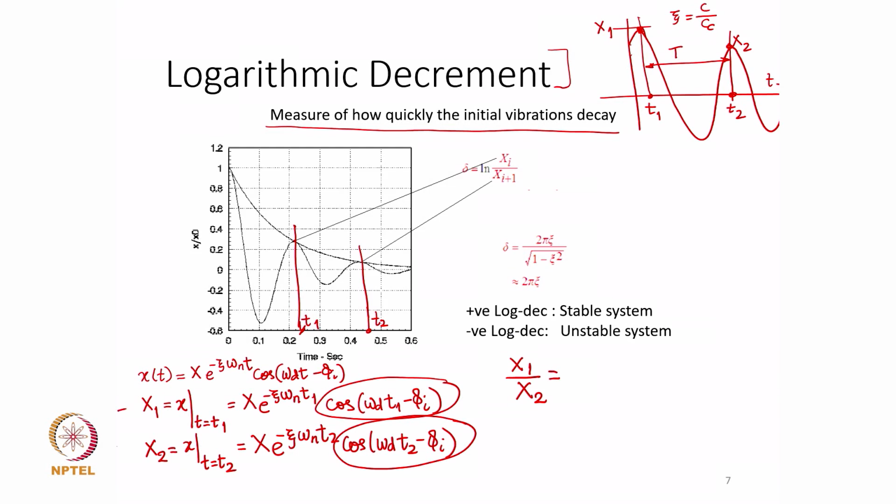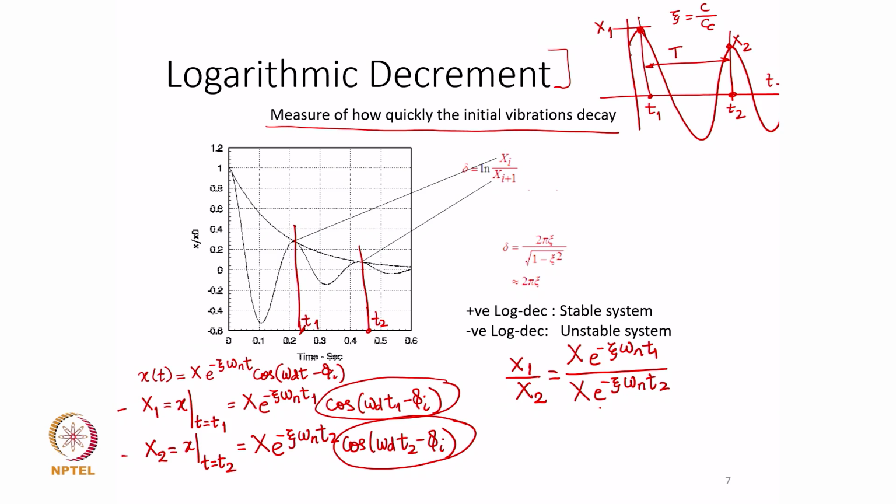If you just check these two equations, it is going to be capital X e to the power minus zeta omega n t 1, and these cos terms I will now ignore. I mean, they will be identical in value, so I can cancel them out. In fact, capital X also cancels out, over capital X e to the power minus zeta omega n t 2.